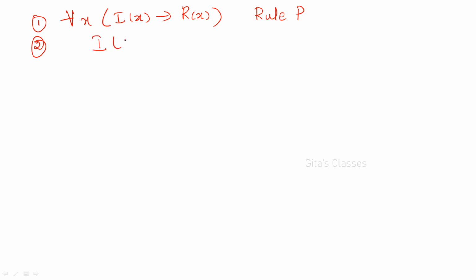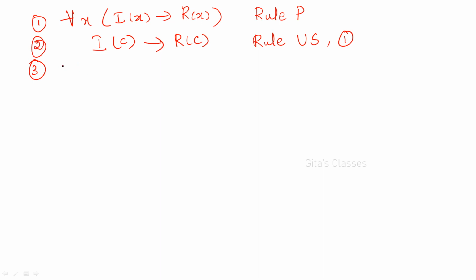So we are considering one element, I(c) conditional R(c). This is from the universal quantifier, I am writing for a particular element. So universal specification we can say, rule US I have applied in the first statement. You can say universal specification, or universal instantiation also you can write.